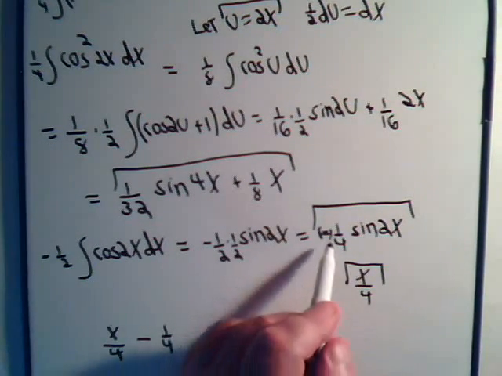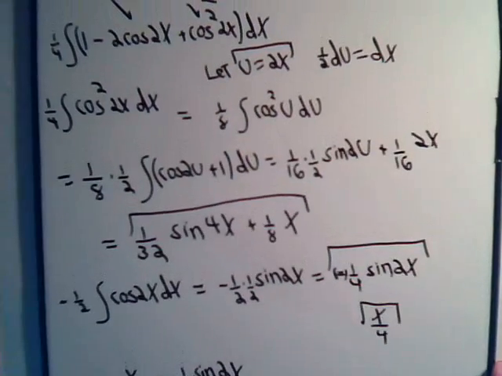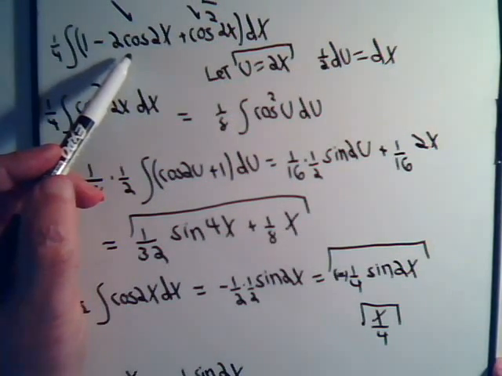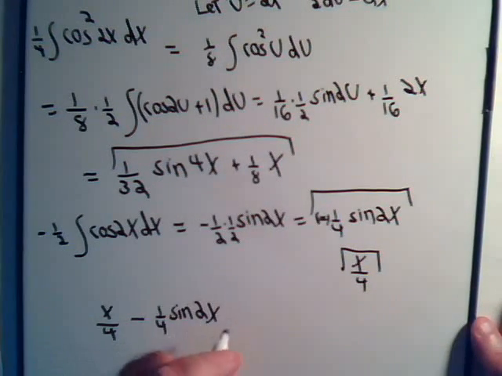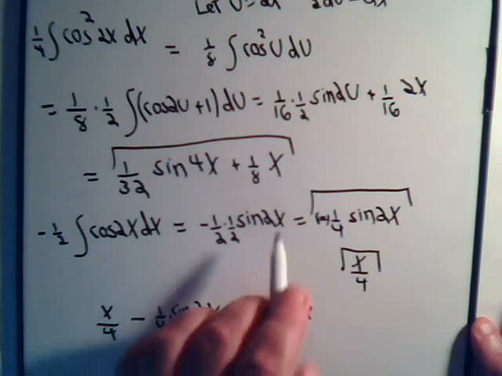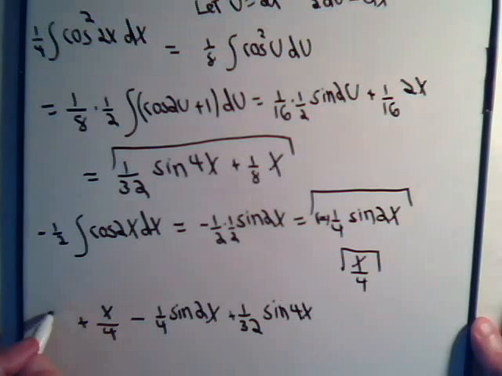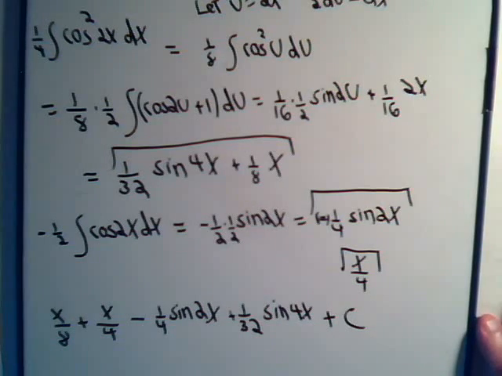So we have x over 4 minus 1/4 times the sine of 2x. That was from this integral right here. And then from this integral, we have this, plus 1 over 32 sine of 4x plus 1/8 x plus an arbitrary constant. And this is 2/8 plus 1/8. That would be 3/8 x.